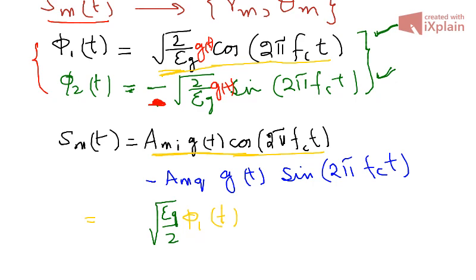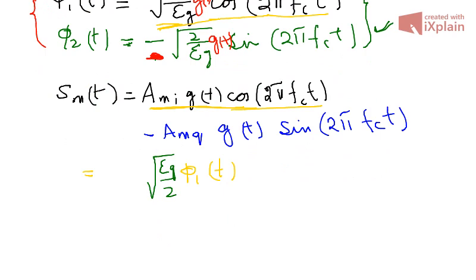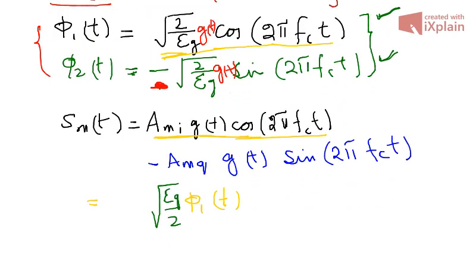Now let's see this representation. We are representing this part in terms of phi1. If I multiply phi1 with square root of Eg over 2, this will be cancelled.